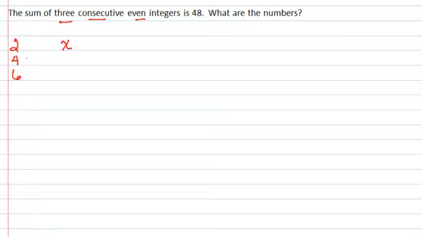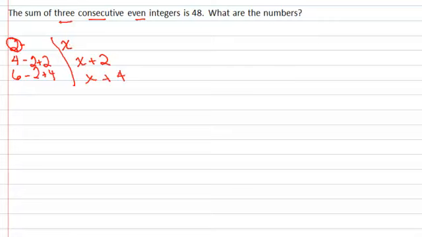Well, how do I get my 4? Well, 2 plus 2. How do I get my 6? Remember, I'm going back to that original. 2 plus 4. So when I start looking at my even integers, I've got x plus 2, and x plus 4. So that's how I can express 3 even integers.